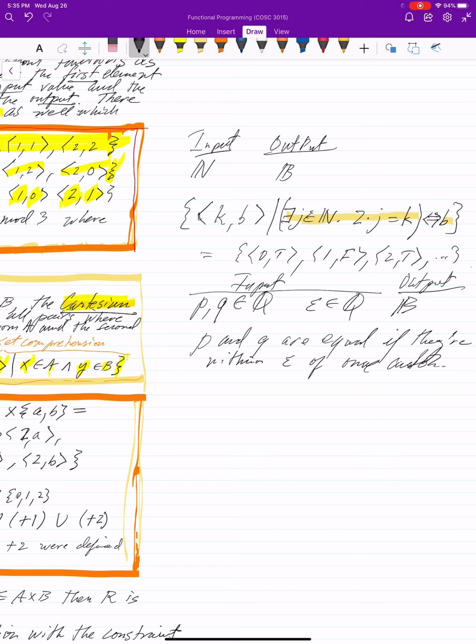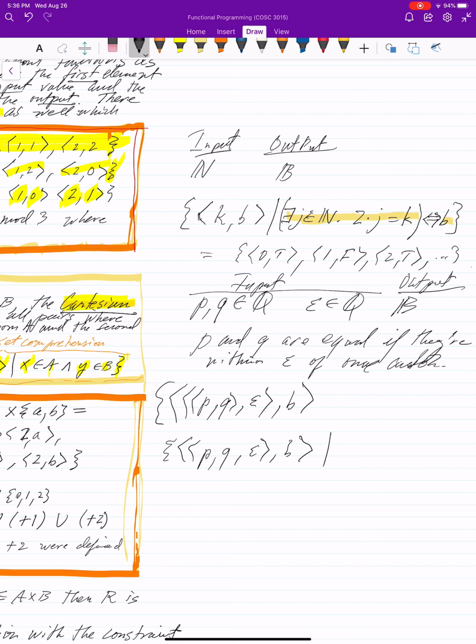And so we've got P and Q, and if all we had was pairs, we've got our epsilon, and then we've got our output value B. Now, we could assume that we have arbitrary tuples, and so then we could say the input is ⟨P, Q, epsilon⟩, and the output is B.